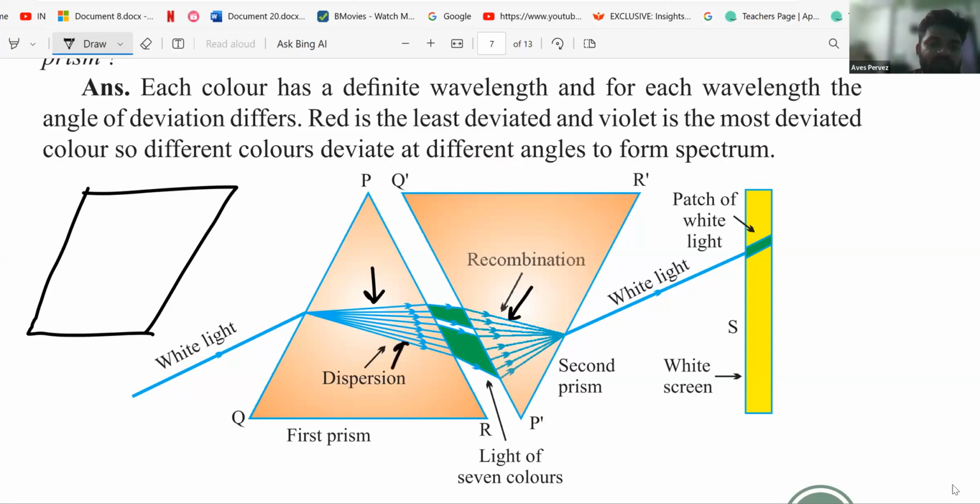And here it was traveling more distance, then it will travel less distance. So when you recombine this, it is converted again into white light. It starts behaving like a glass slab. So when we combine these, they join together and give you white light again. Okay, so draw this also: dispersion, then again recombination.